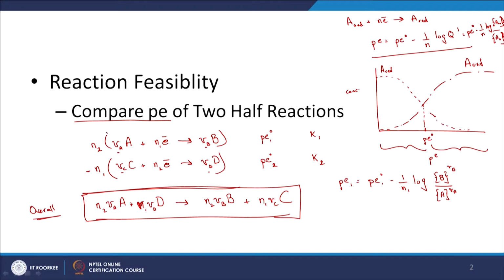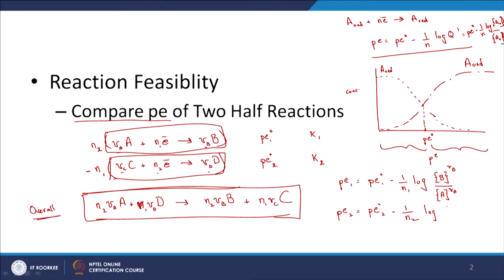This is for just this particular half reaction, and same case for this, what is the P value? Let me write that down. So, P2 is equal to P2 naught of the second half reaction minus 1 by N2, because N2 electrons are being transferred, log of the activity of D raised to its stoichiometric coefficient by the activity of C raised to its stoichiometric coefficient.